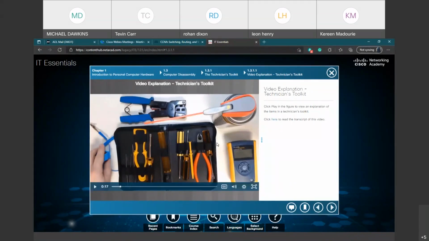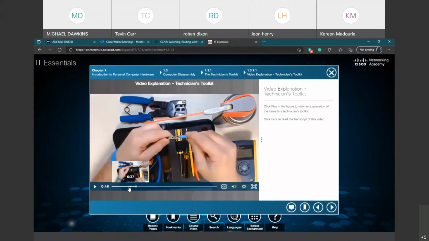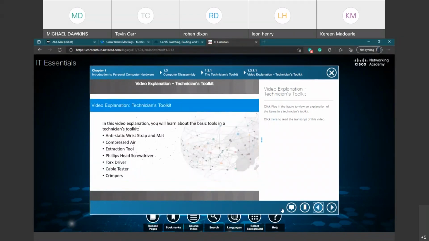Our volume is at 100%, and this here is at 100%. I'm not sure why it's low. Just give me a second. Everything is at 100%. All right, let's try again. Start from the beginning.